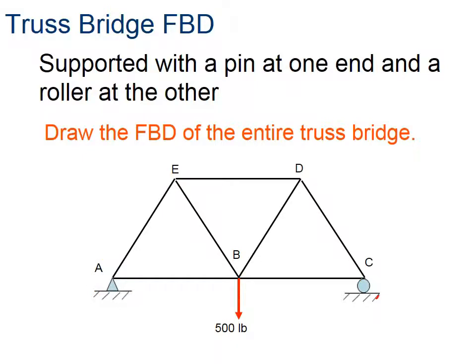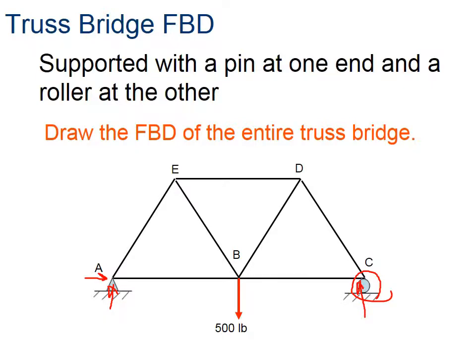And over here on the right hand side we have a roller, and we have some sort of load here going down. We don't know what that is, but we know that there's 500 pounds concentrated there. So what does that look like? Remember, a pin has 2, a vertical and a horizontal, and a ball has 1. That's it.